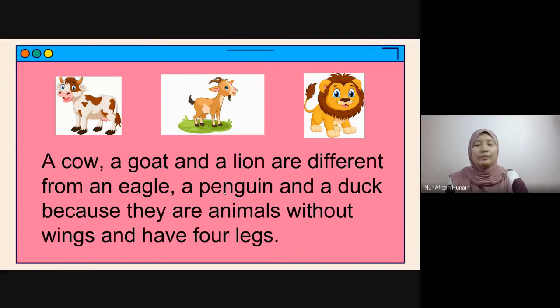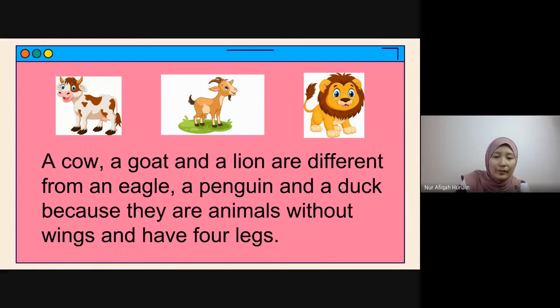Okay, so this one, a cow, goat, and lion. Recap. Remember the slide I showed, the eagle, duck, and penguin. So this is the continuation. Cow, goat, and lion are different from eagle, penguin, and duck, because they are animals without wings and have four legs.